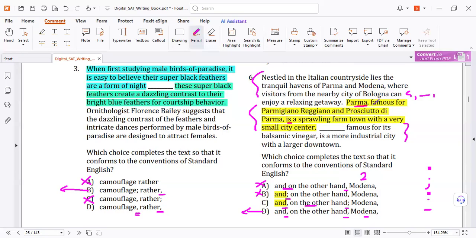Famous for this part and famous for this one. This comparison means here we don't need it. See? So we have a comparison between them and this one in the middle. That's why, my friend. So that means accept. So if you don't find the correct one, prove the wrong.